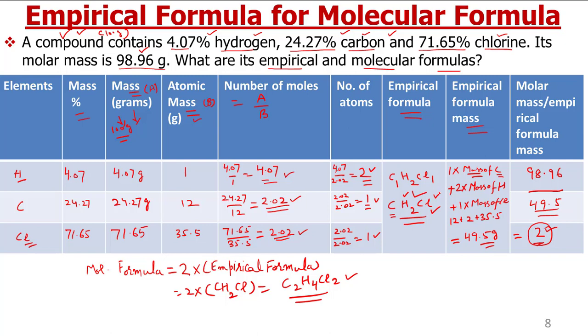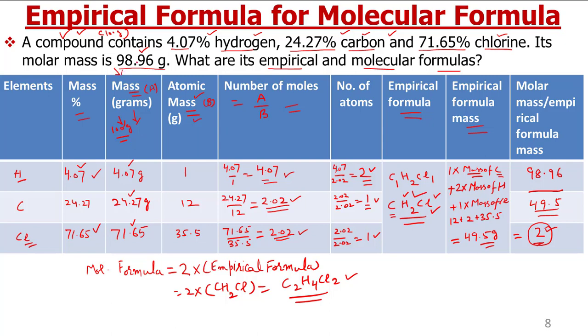So this is how we calculate the empirical formula and molecular formula. Now what you can do from the next numericals: otherwise you have to write this, but as the mass percentage and the mass in gram are the same values, in order to calculate the number of moles you can directly divide mass percentage by atomic mass. So you can skip this column.